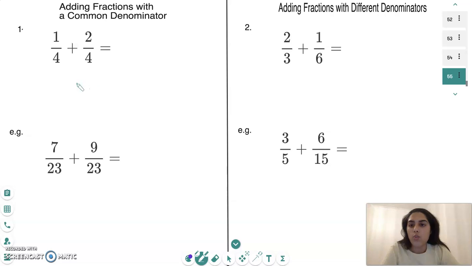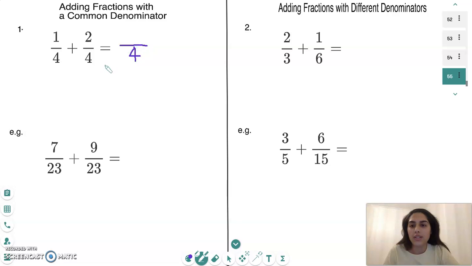It's asking us, what is 1 over 4 plus 2 over 4? As we can see, the numbers in the denominator of both these fractions are the same. So we can simply write 4 in our answer fraction.